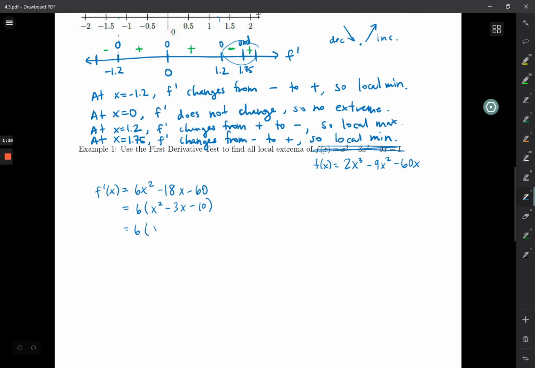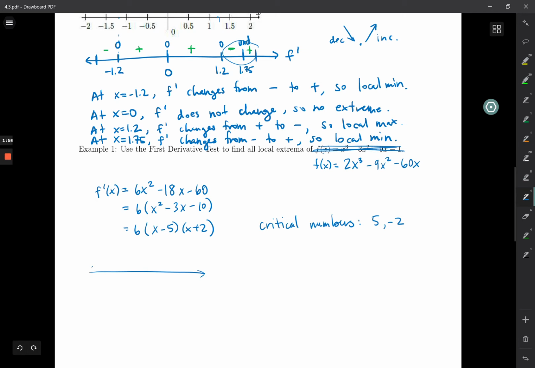So we would get x minus 5 and x plus 2. And so setting this equal to 0, we'll get critical numbers at 5 and negative 2. Okay.